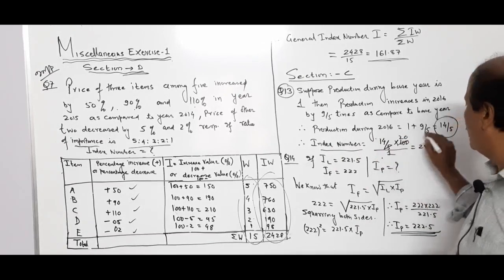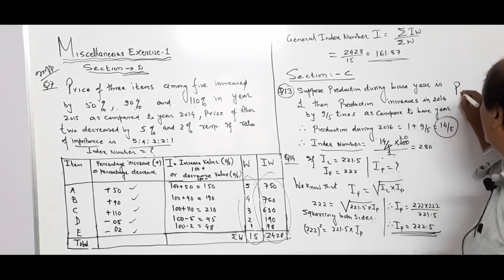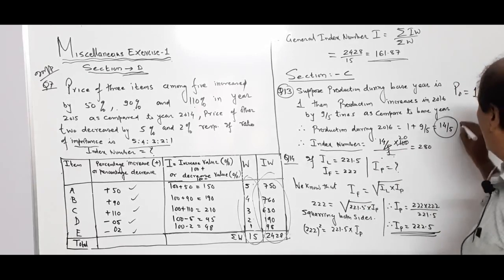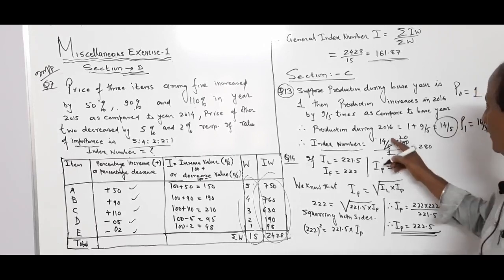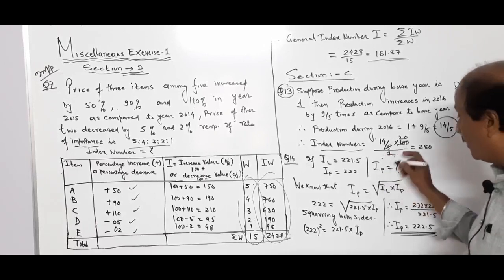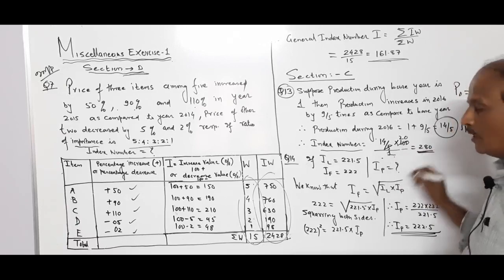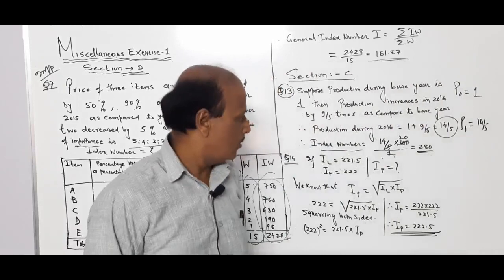So P1 is 14 by 5 and P0, remember here P0 is not given, we are taking it as 1, and P1 automatically becomes 14 by 5. Divide 14 by 5 by 1, remember 1 in the denominator, multiplied by 100, you will get the answer 280. So this is the answer of this question.